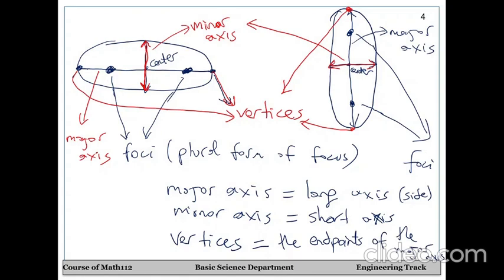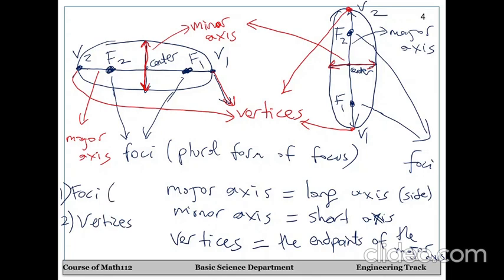So these are the main concepts here. I will make the list. First, the foci, F1 and F2. Second, the vertices, V1 and V2.